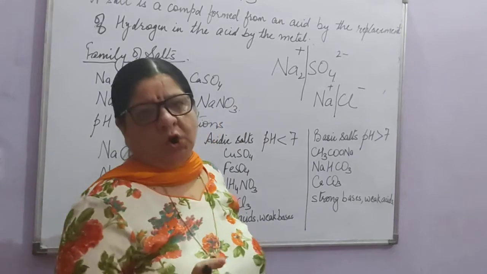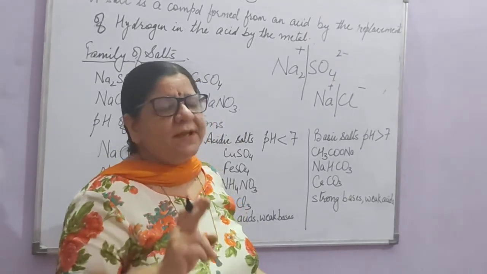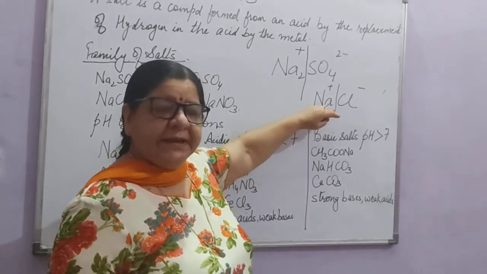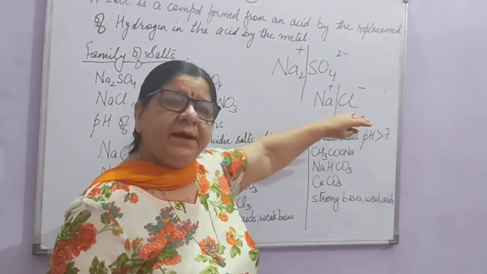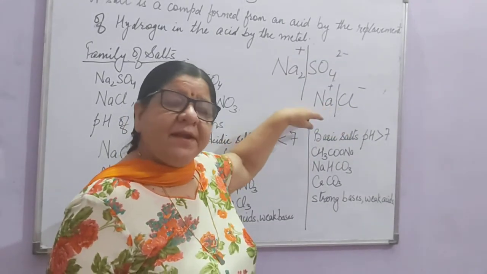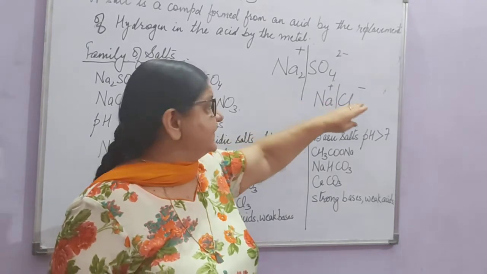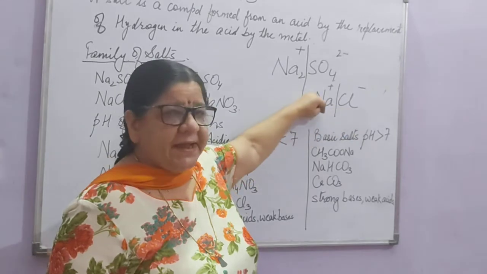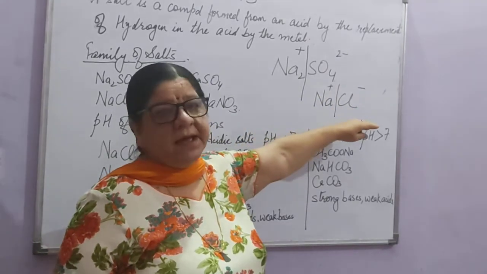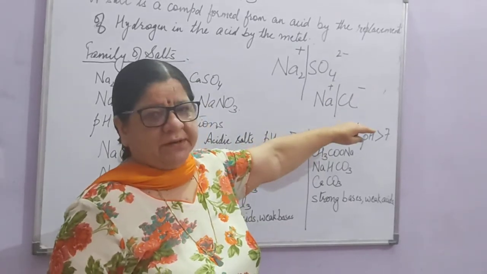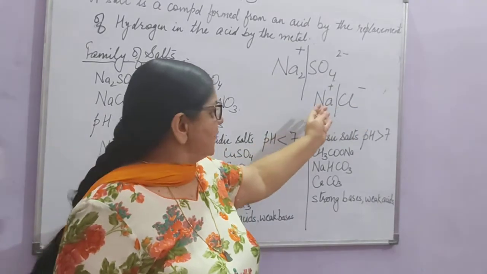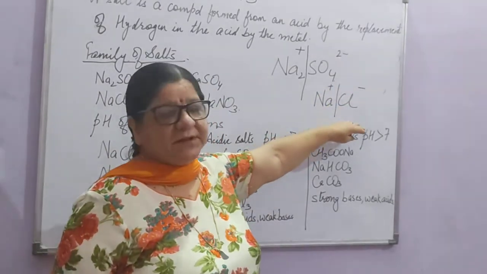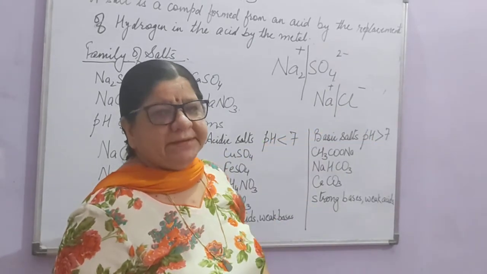So any salt is always formed by the combination of a cation and an anion, where the cation is written first and then the anion is written. That is, the positive ion comes first, and then comes the negative ion.